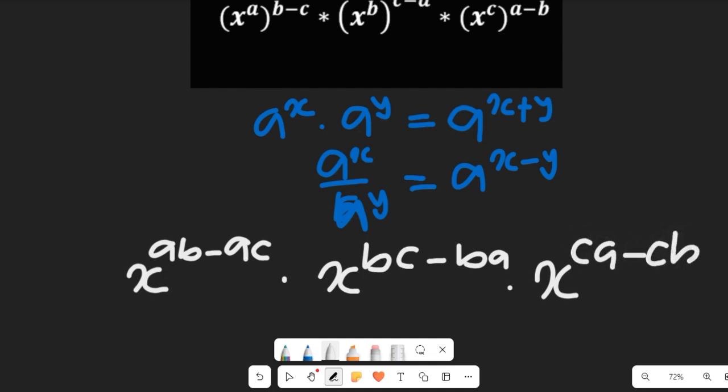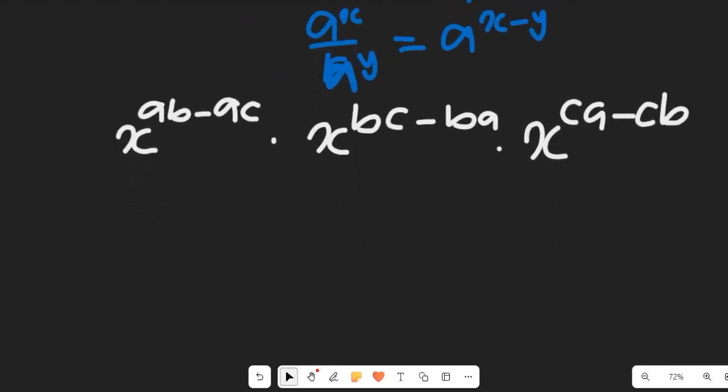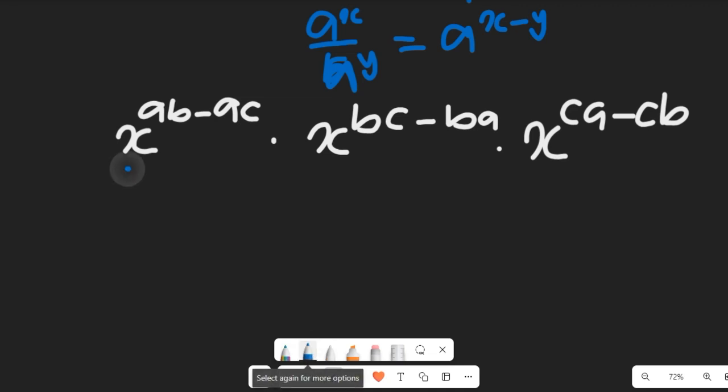Great. Now if you expand this expression, you find that since we have one common base, x and x multiplying, the exponents will have to add.